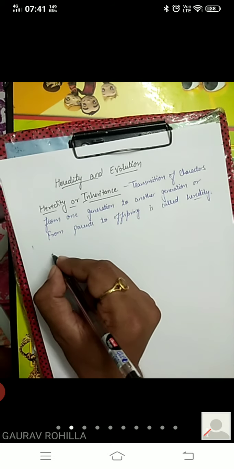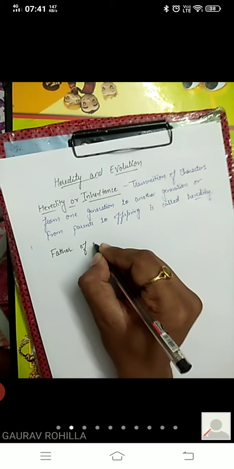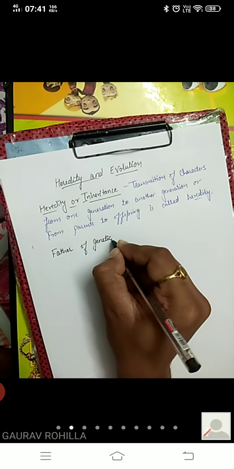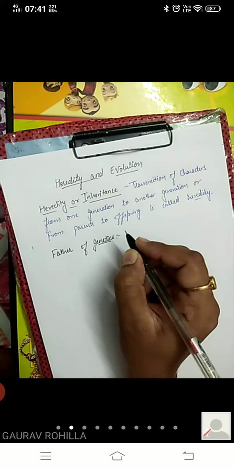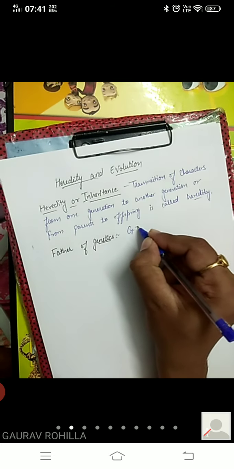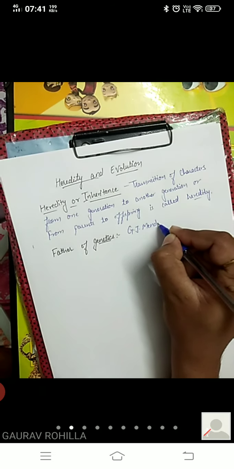First of all, the concept of heredity was given by Mendel, so he is known as father of genetics. Gregor John Mendel is known as the father of genetics.